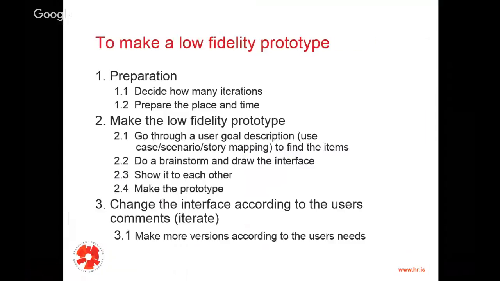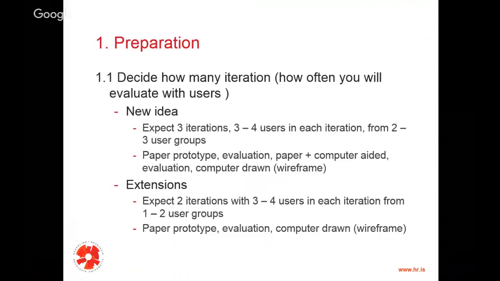Okay, so this is from the book. This is teaching you how to make a low fidelity prototype. So you have these tasks and activities. First of all, it's the preparation, and then the making of the low fidelity prototype, and then changing the interface according to the user's comments. So in the preparation, you have to decide how many iterations you're going to make.